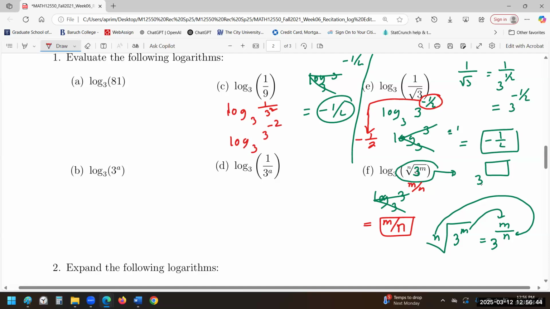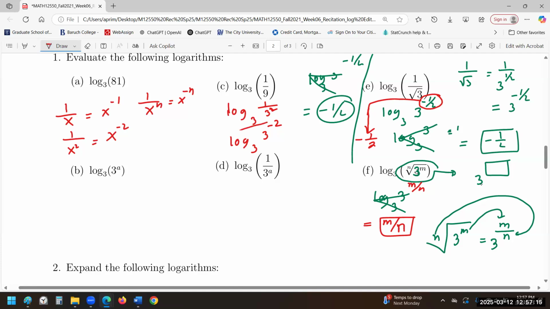If you don't remember your exponent rules, if you have 1 over x, this is the same as x to the negative 1 power. If you have 1 over x squared, this is the same as x to the negative 2 power. If you have 1 over x to any power, it means x to the negative of that power. That's how you convert negative exponents into positive exponents, by making them into fractions.